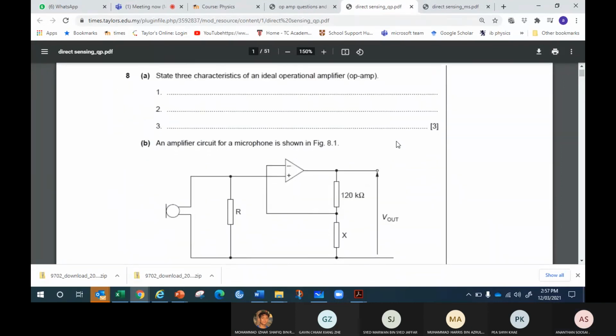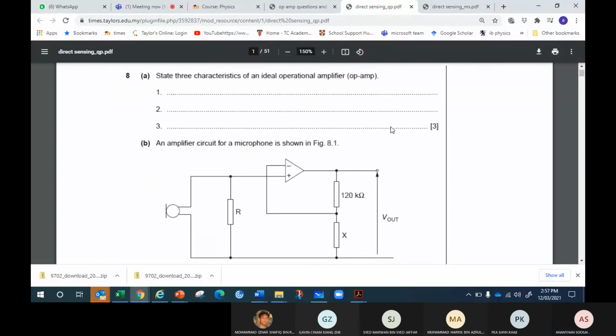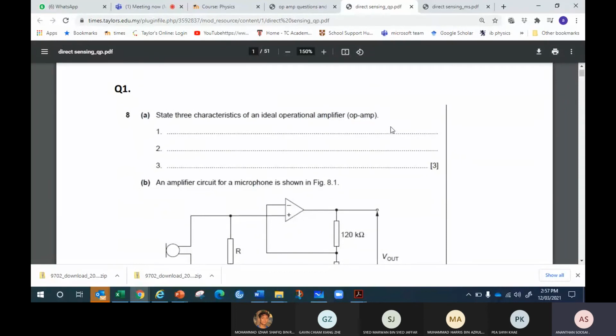Give it a try. First, state 3 characteristics of an ideal operational amplifier. There are 5. What are they? You talk about impedance, you got two features already, right? The input impedance is infinite, output impedance is 0, the gain is infinite, the slew rate is infinite.